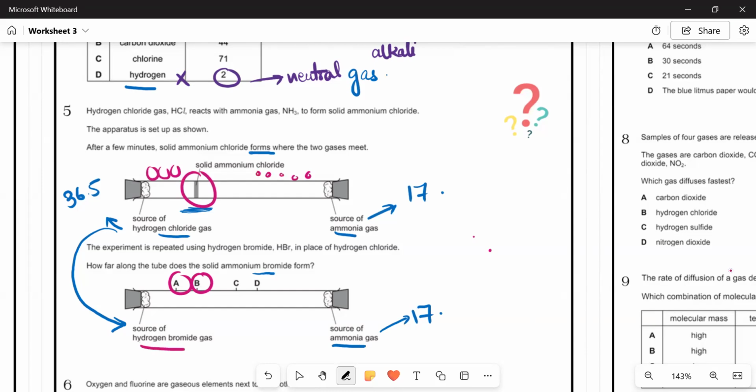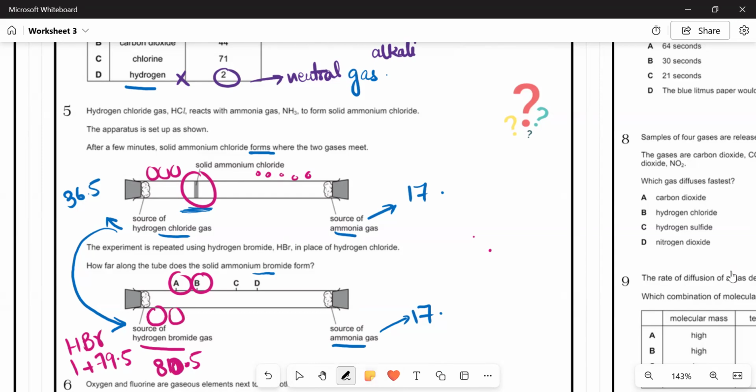Now, hydrogen bromide is much heavier than hydrogen chloride because it has bromine. It is HBr. Hydrogen is 1 and bromine is almost 80, 79.5. So its mass will be 81 or 80.5, which means it is double in mass as compared to hydrogen chloride. Its particles will be much heavier than hydrogen chloride.